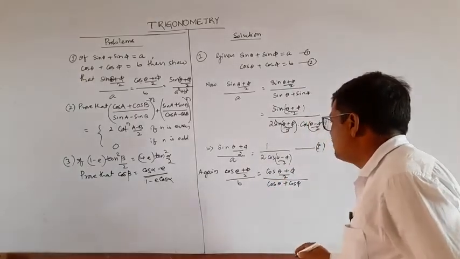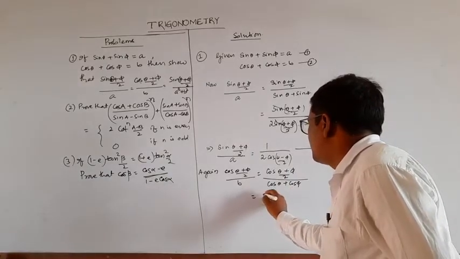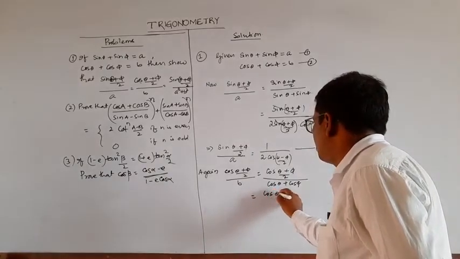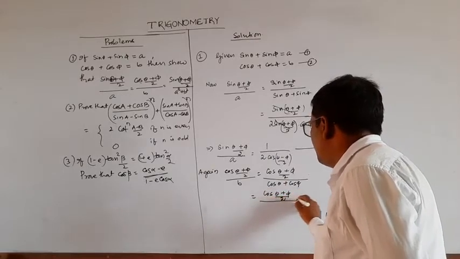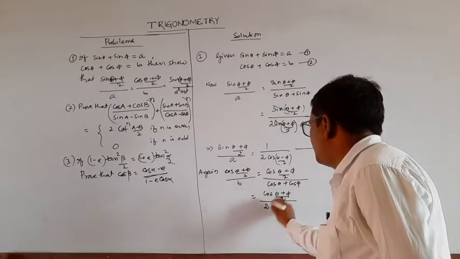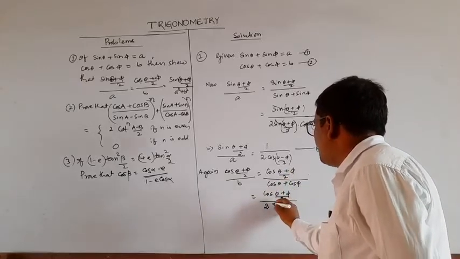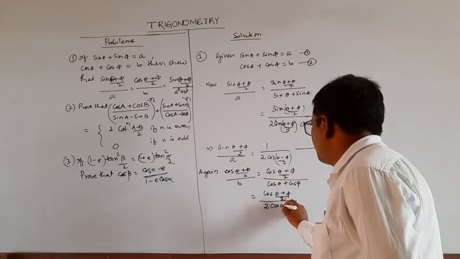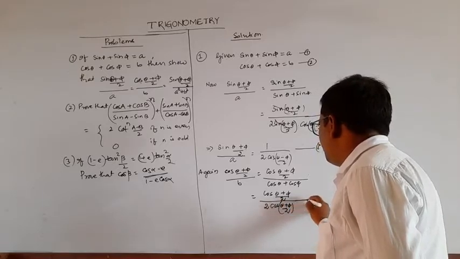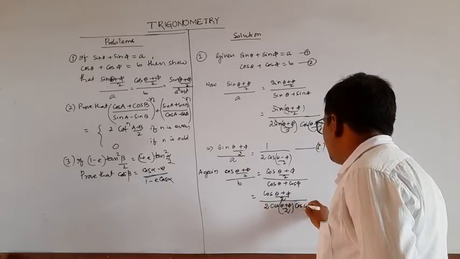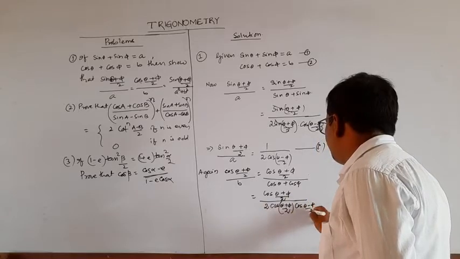That is equal to cos((theta plus phi) by 2) divided by 2 cos((theta plus phi) by 2) into cos((theta minus phi) by 2).